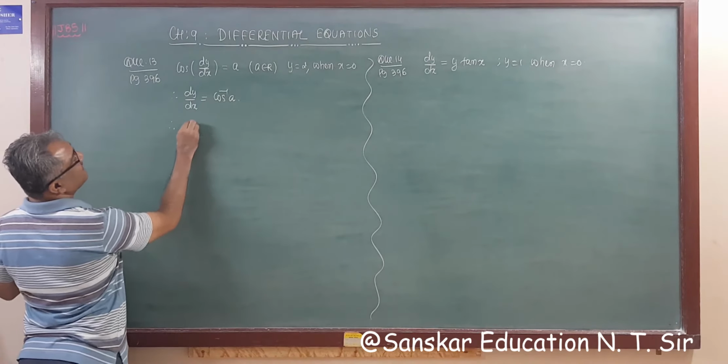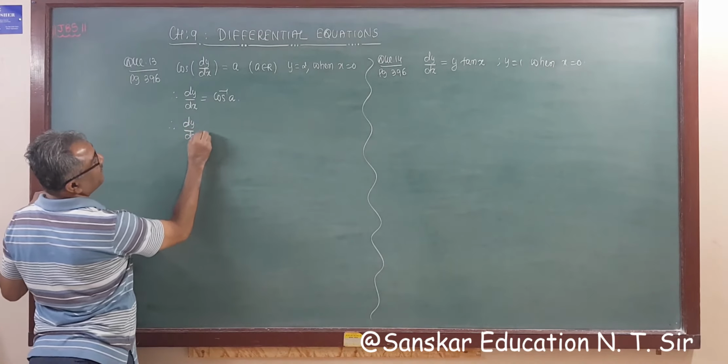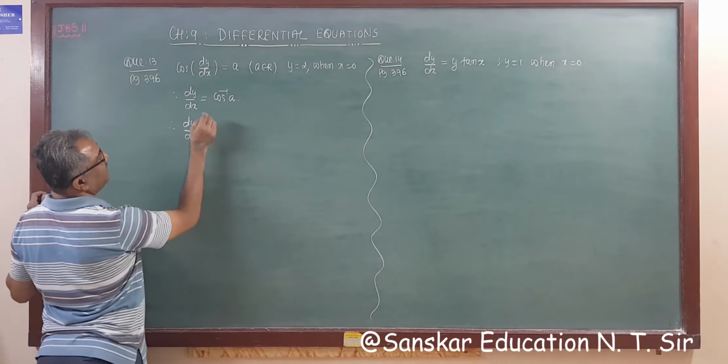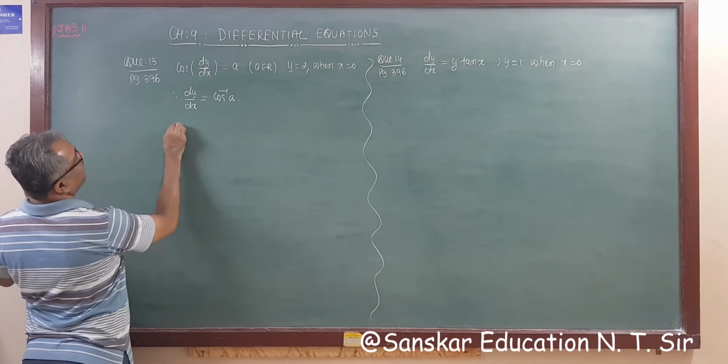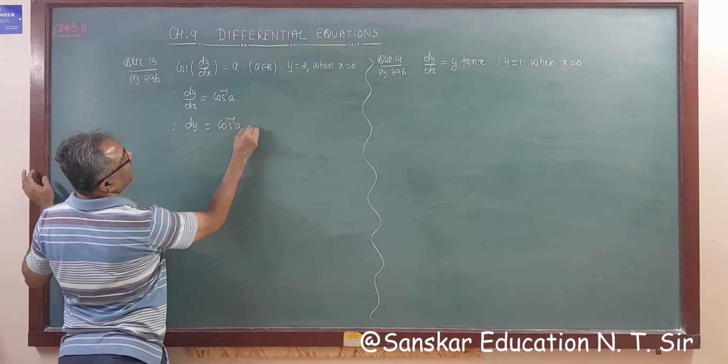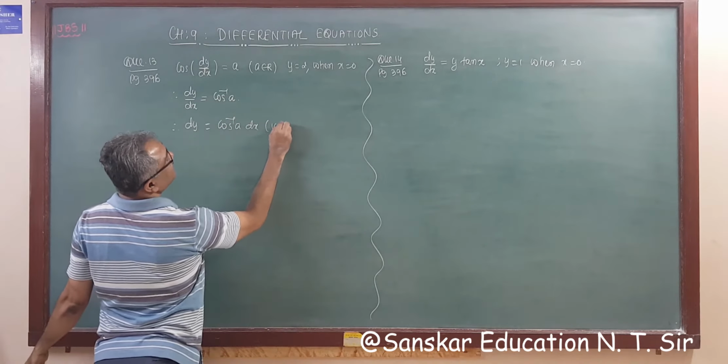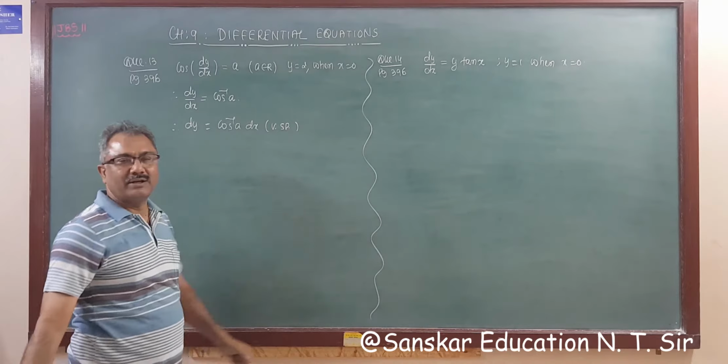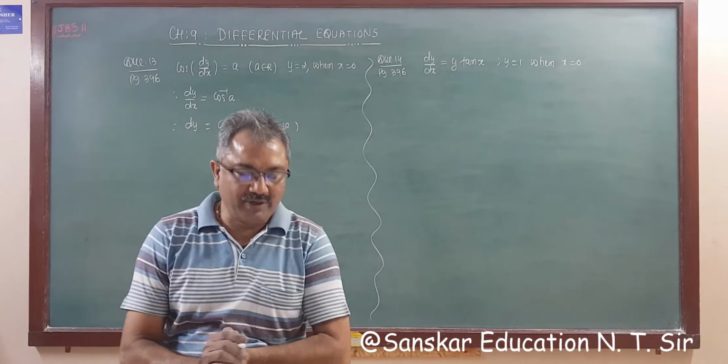So this can be easily converted into variable separable form, right? So therefore dy is equal to cos inverse a into dx. This is variable separable form. Got it? This is a variable separable form.